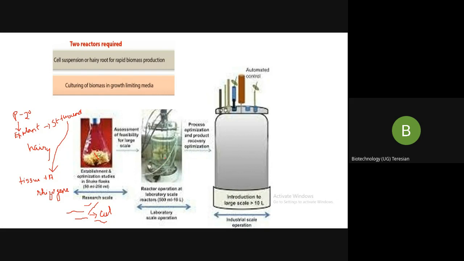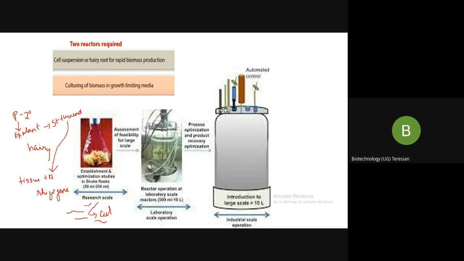And I told you the stationary phase is what we want, because that is where the secondary metabolites are produced. So I'm going to change the media so that I will limit the nutrients. Once I limit the nutrients, my cells undergo stress or traumatic shock, and they start producing the secondary metabolites as a source of defense.